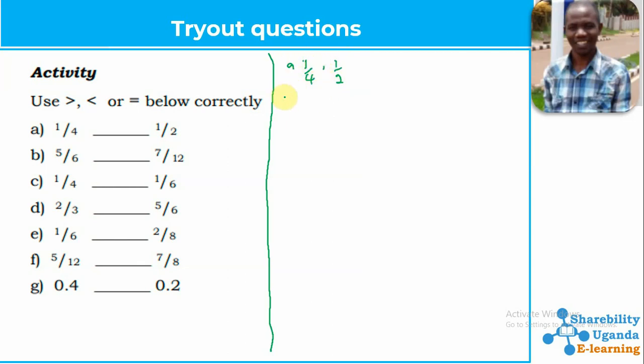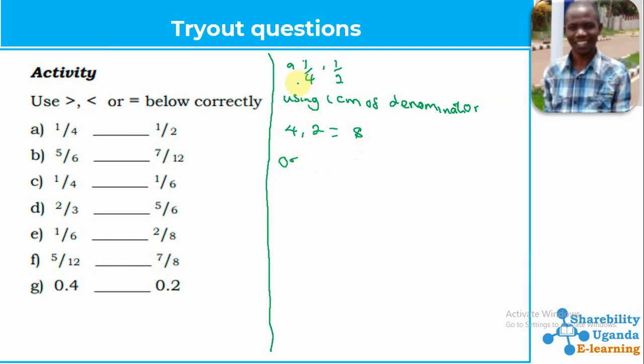One, we said we can use the LCM of the denominators. So we have our denominators as 4 and 2. So we can look at the LCM. So the LCM of these is going to be what? Someone with an answer? We shall have 8.